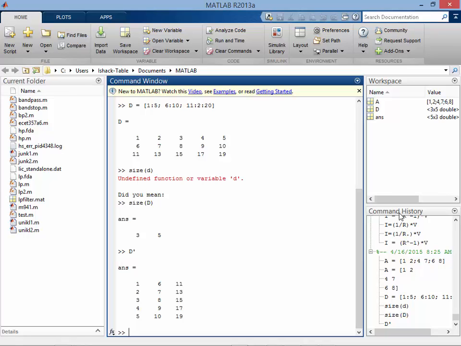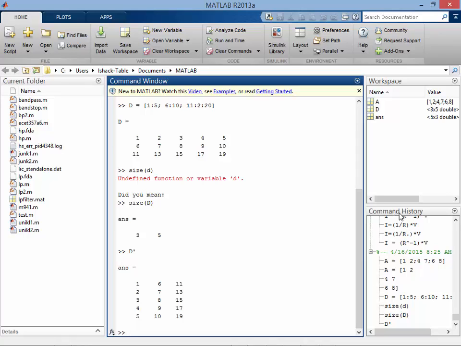Now, what we do a lot is multiply matrices. Dividing matrices is a little bit more complicated, but multiplying matrices is very easy. Now, we can multiply matrices two ways, and I'm going out of order.